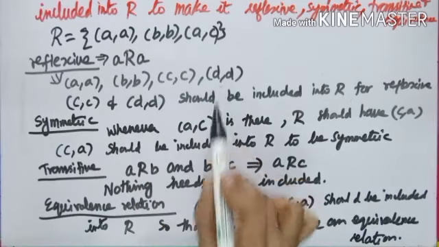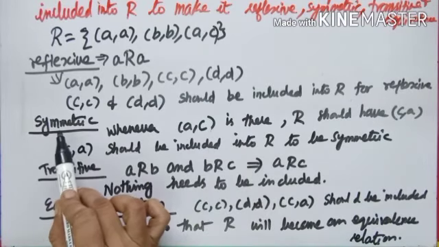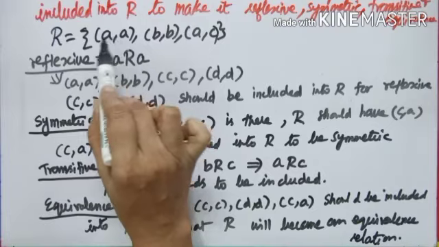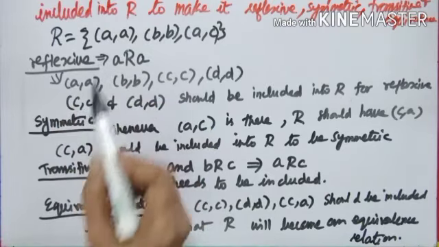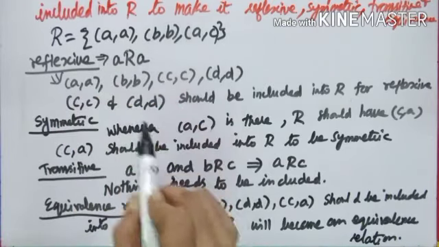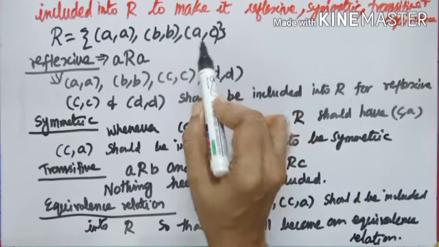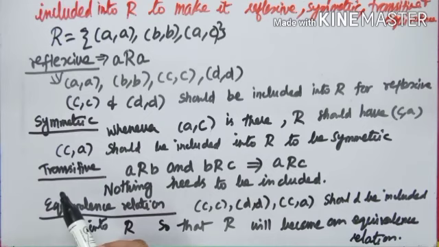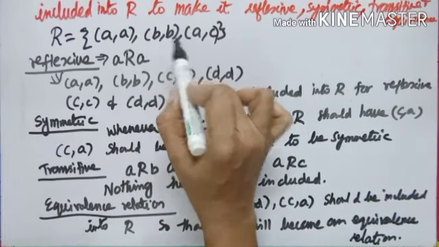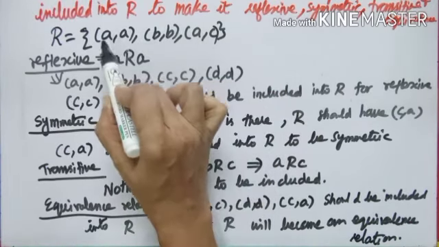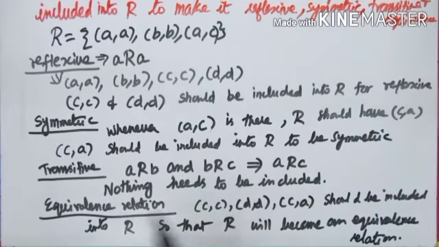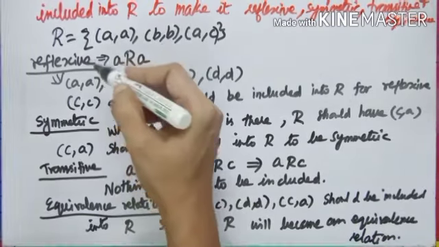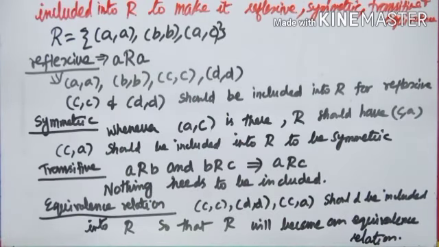I should include CC and DD. Symmetric tells me whenever a pair is given, check the reverse is there. So AA is there, BB is there. AC is present, which implies CA should be included. And transitive, B nothing starts, AA means AC, it's already there. So nothing needs to be included. For equivalence relation, combine everything and write the answer.